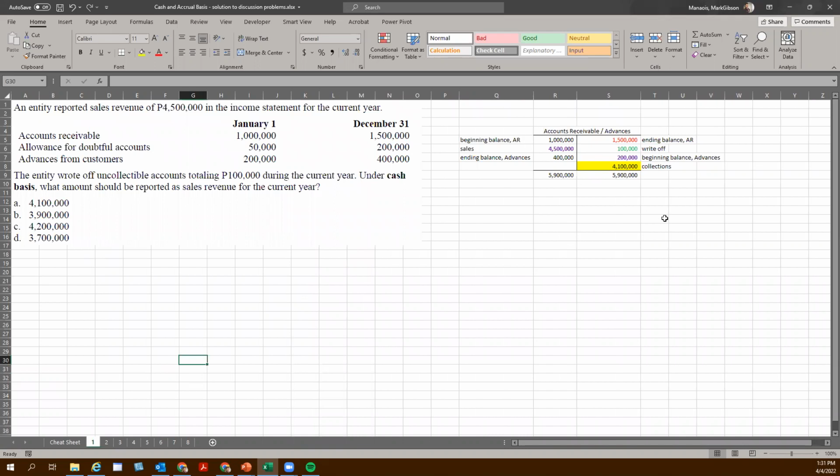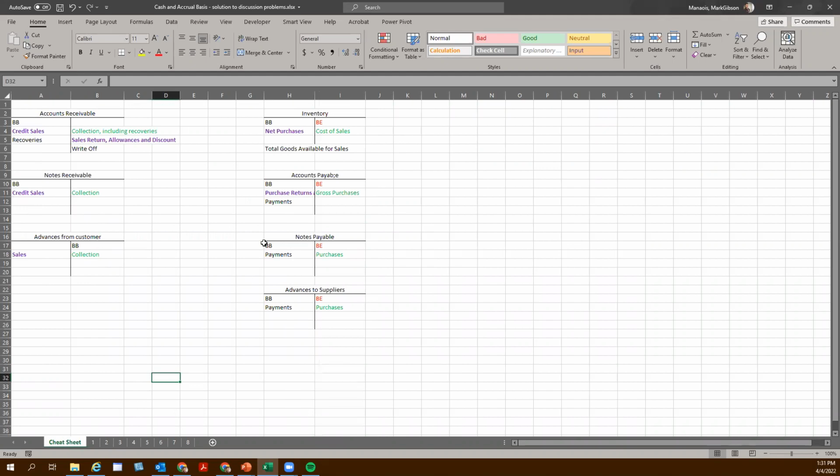But this time, ang hinahanap kasi sa atin class is the sales revenue. Sales revenue under cash basis. And remember, balikan ko lang tong cheat sheet natin. Ang sales revenue under the cash basis would only be the collections. So ito yung hinahanap natin dyan.